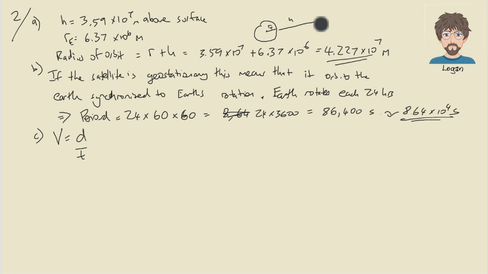So what we want is the distance. Well, in this case, the circumference equals 2 pi r. The circumference of a circle equals pi times the diameter of the circle. Now the diameter of the circle equals twice the radius, so the circumference equals 2 pi r. We'll go for 6.28, that's 2 pi, times 4.227 times 10 to the 7.